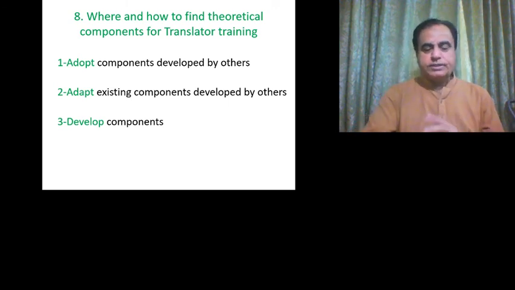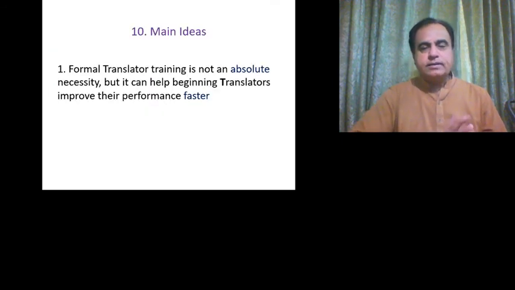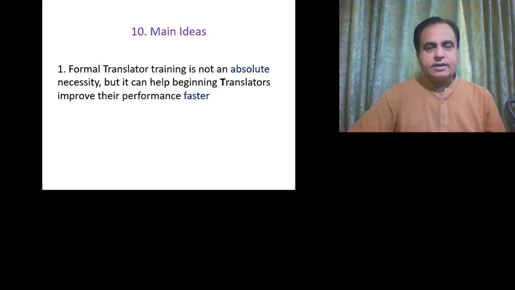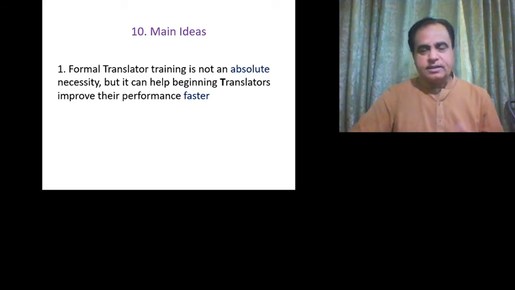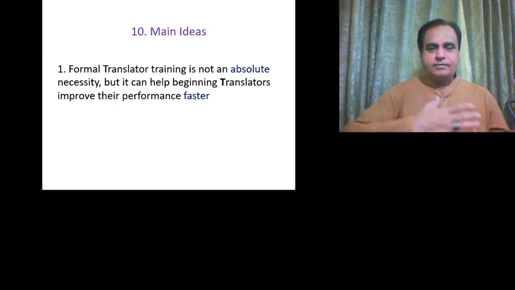With this note, we can go to number 10. As I said, number 9 is skipped. We are not going to discuss it. So number 10 is the main ideas. Here we are going to quickly revise what we have learned in this chapter, and this is Daniel Gile's style, to present a summary in the end of the chapter.